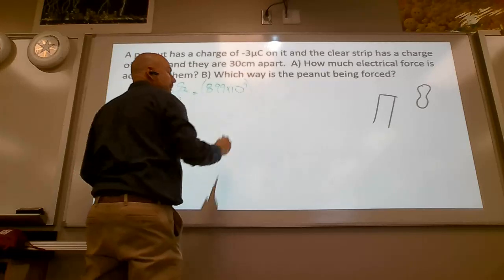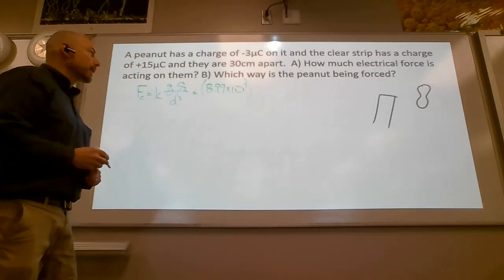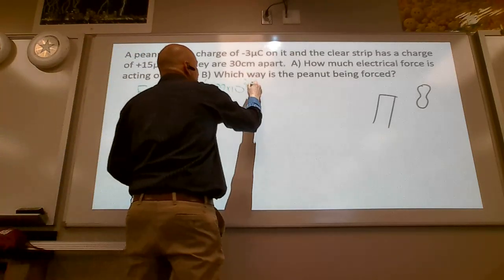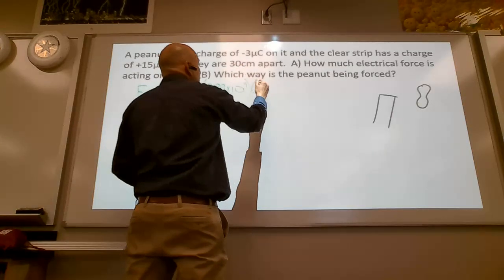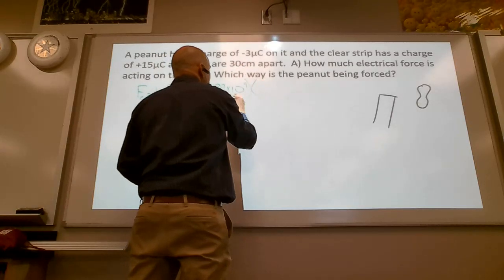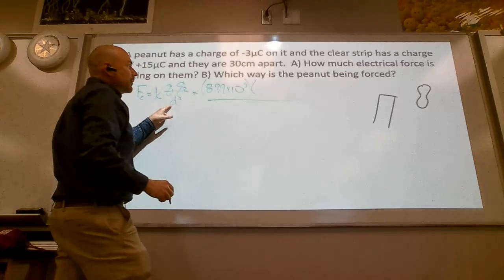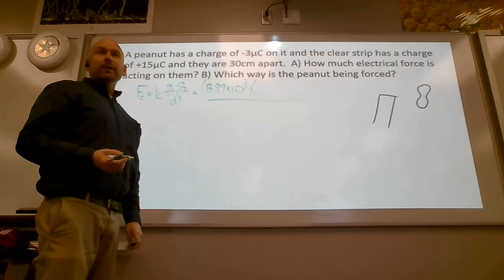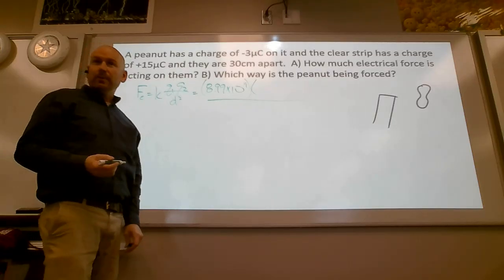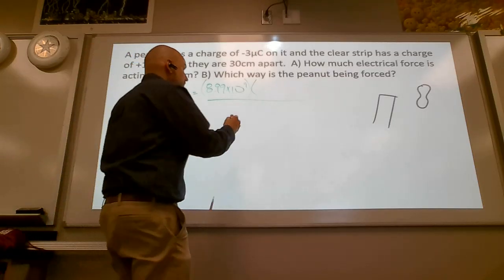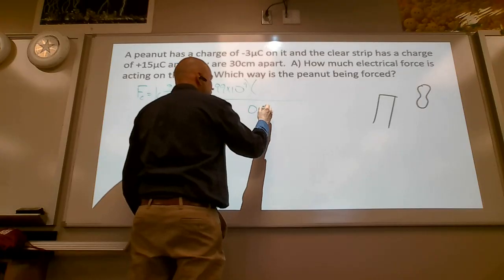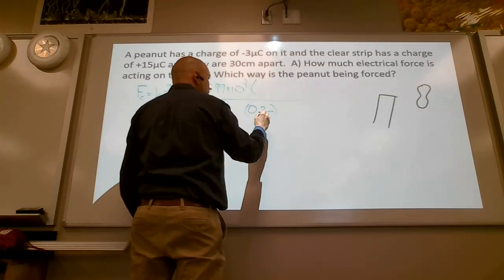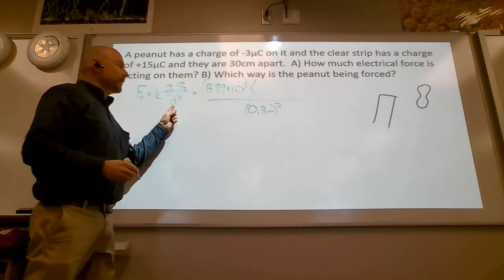That's K. Okay. Times. Actually, I'm going to do D first. So D is going to be 30 centimeters. I need to convert that to meters. Okay with that? So that's 0.3 meters. And you square that.